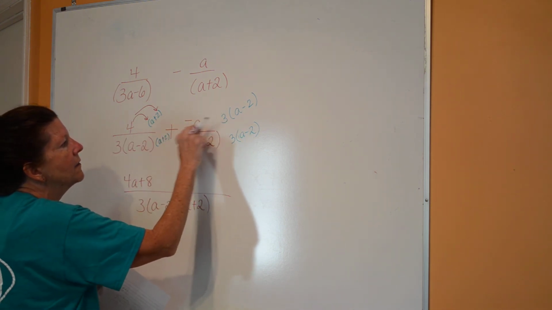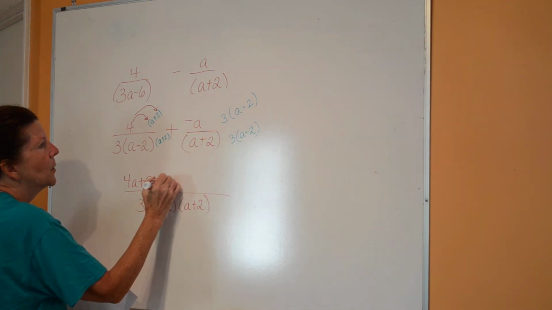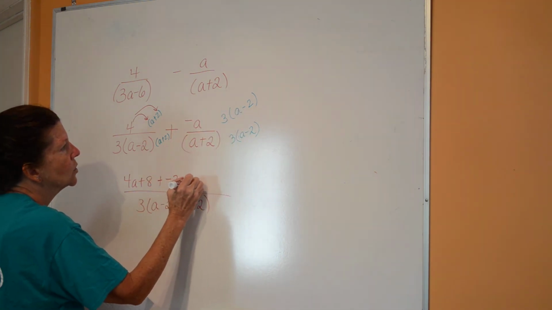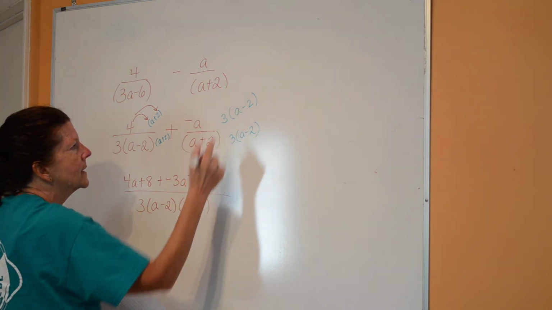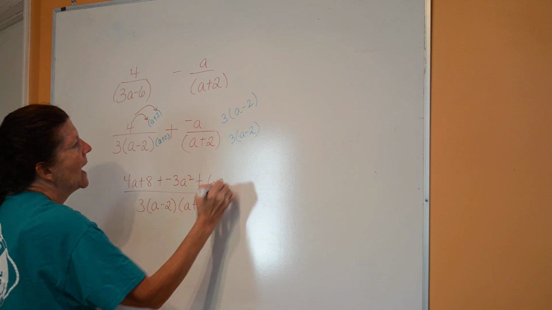So I have a negative 3a times that. So I have a negative 3a squared. And then I have a negative 3a times negative 2, positive 6a.